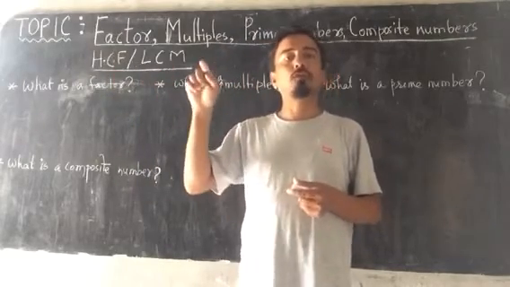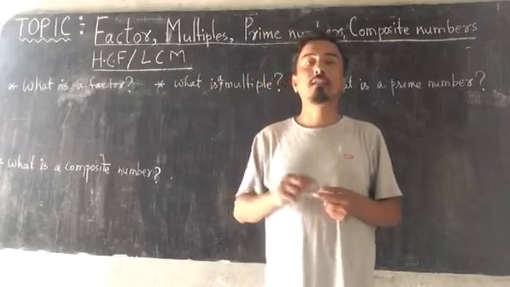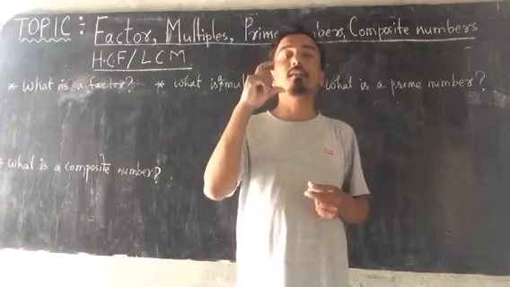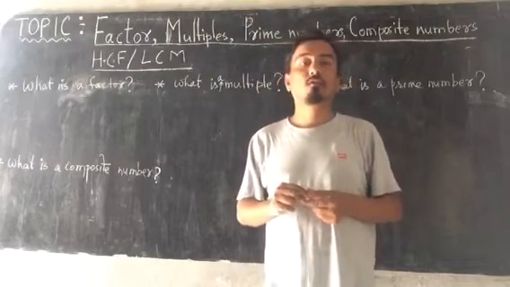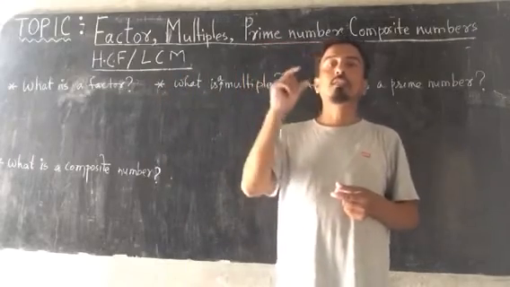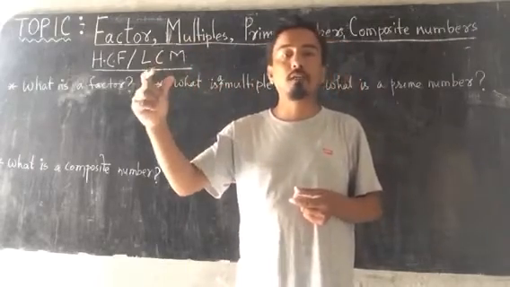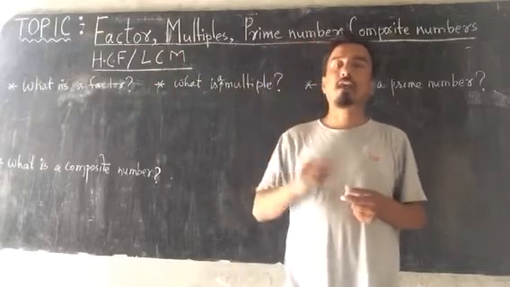So 4 is also a factor of 8. So a number may have a certain number of factors. You might have understood: a number which can divide a given number completely is called a factor.